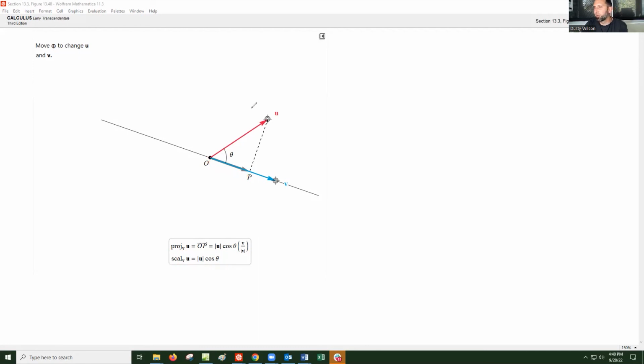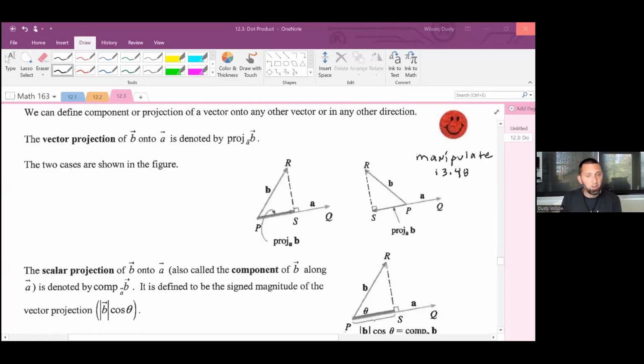So just to say this again, the projection is sort of the vector shadow in the V direction of vector U. The scalar, or the component of U in the direction of V, is just the length of that shadow. So let's see if we can derive the formulas for these ideas.